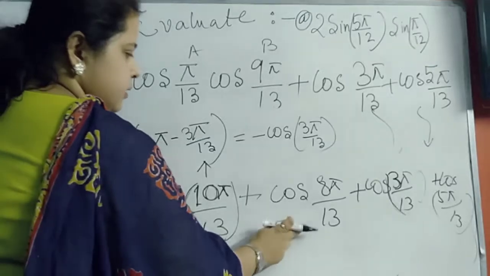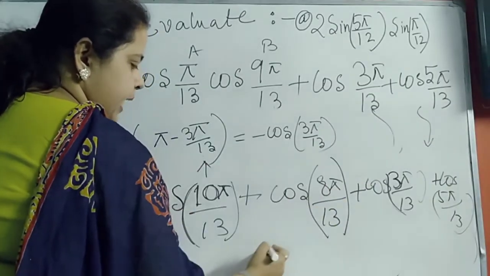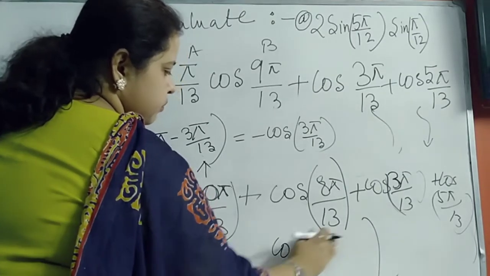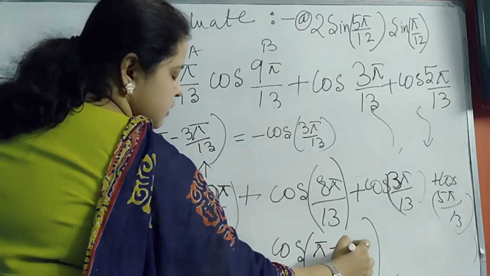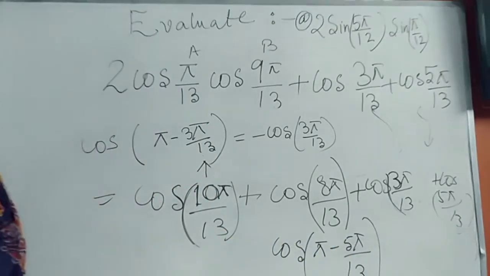Now see this term, 8 pi by 13. 8 pi by 13 can be written as cos of pi minus 5 pi by 13. Isn't it?